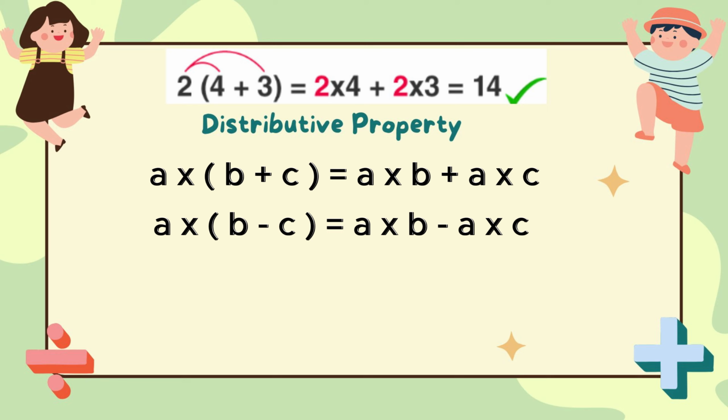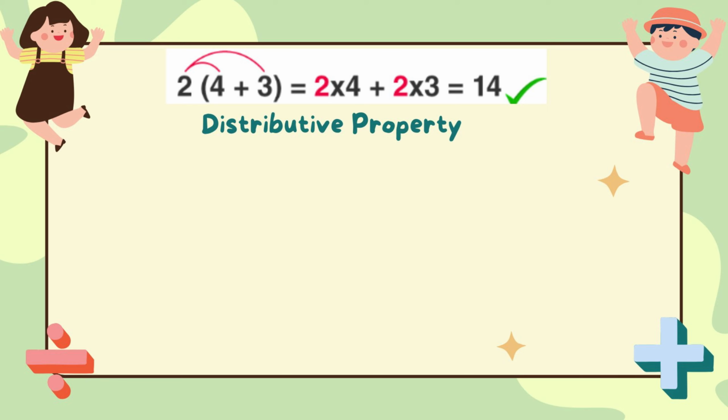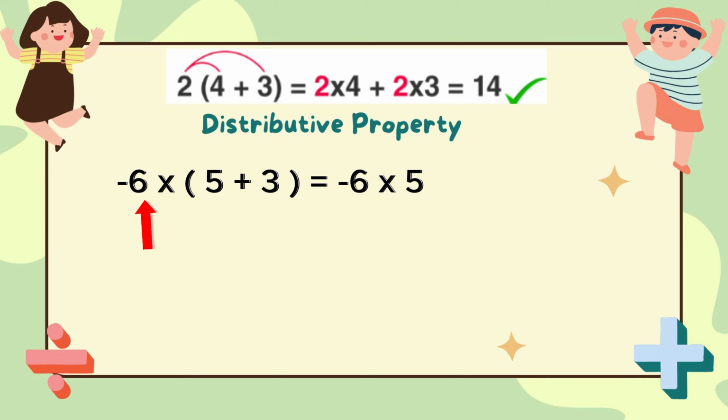Let's have an example. If I have negative 6 times the quantity of 5 plus 3, how are we going to illustrate this distributive property? Negative 6 times 5 is our first integer. Next, for the second integer, negative 6 times 3, copy and paste on the right side.